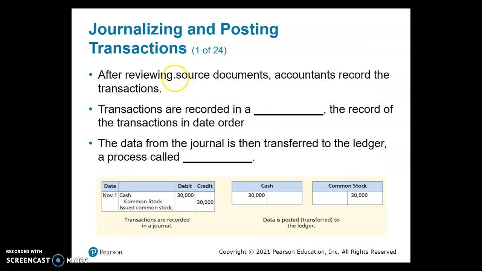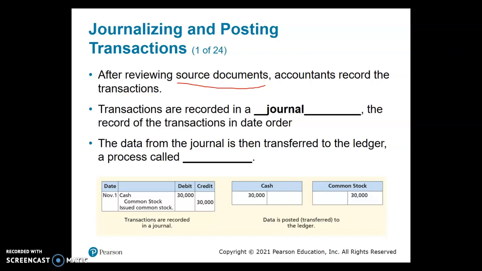All right, journalizing and posting transactions. After reviewing the source documents, accountants record the transactions. Transactions are recorded in what is called a journal. That's a record of the transactions in order of the date. They're in chronological order. The data from the journal is then transferred to the ledger, and this is a process called posting.